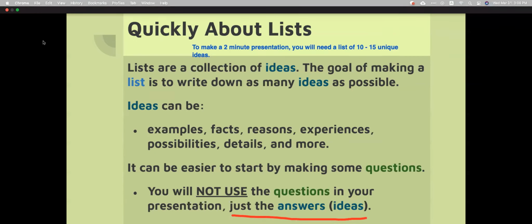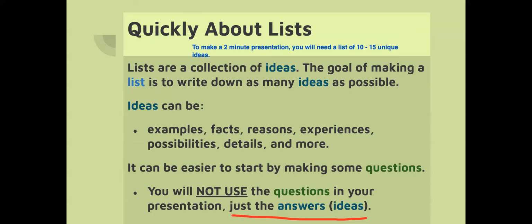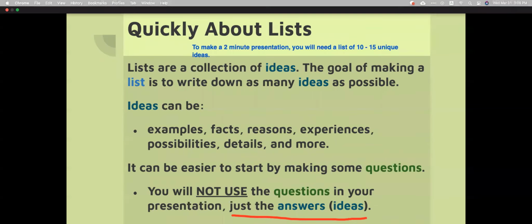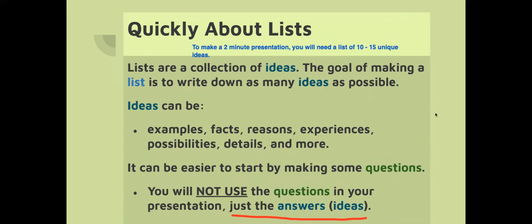Okay, so I actually want to try this really quickly. Each group, I want you to work with your group. Where's my mouse? Hold on a second. So right now, work with your group. Make one idea for the topic smartphone.